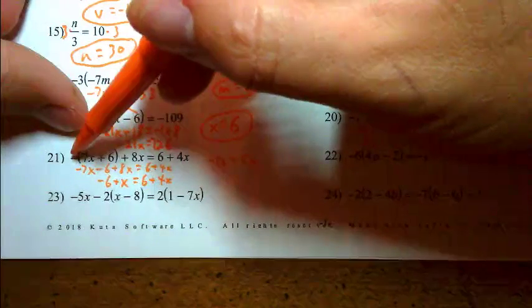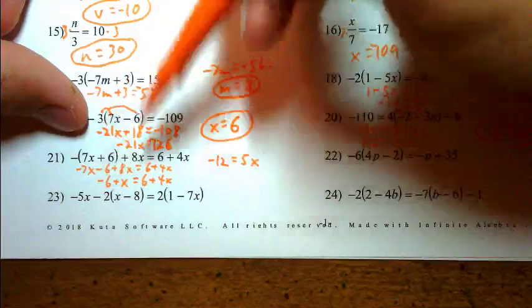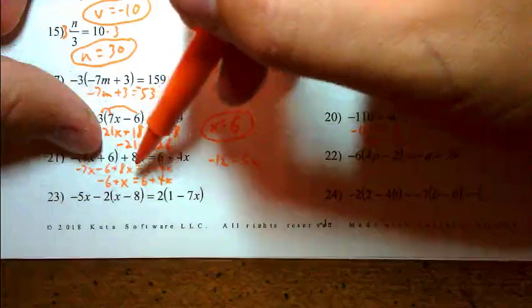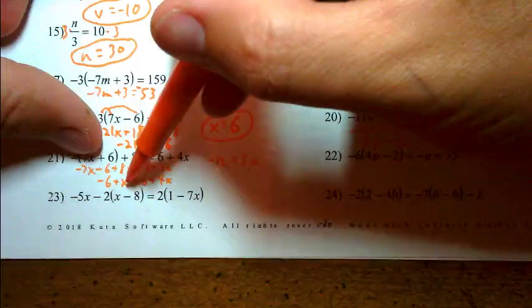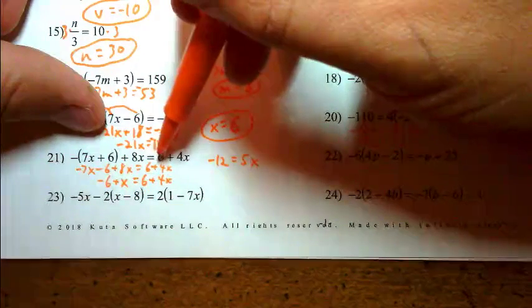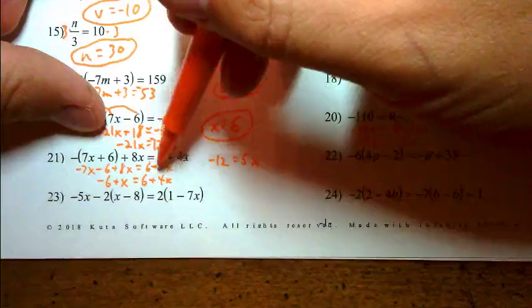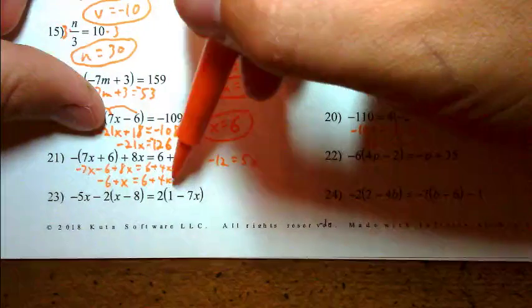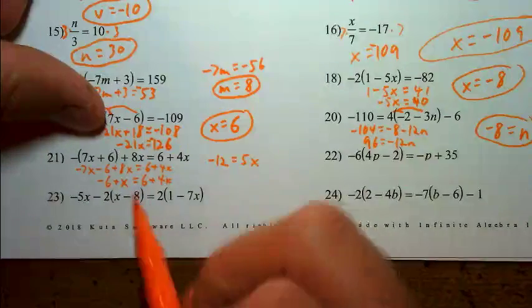We got the negative distributed. So then we combined negative 7 and 8 to give us just 1x. We still had a negative 6 on this side. I copied those correctly. Bring the x over. There's a mistake.